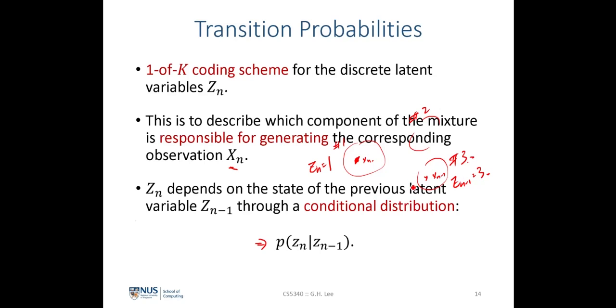So now we are going to make use of this conditional probability, or the transition probability, to tell us, given the previous observation xn minus 1, what is the probability that xn is going to be assigned to cluster 1, or to cluster 2, as well as to cluster 3 itself. Suppose that k here is equal to 3. That means that we have 3 states over here.